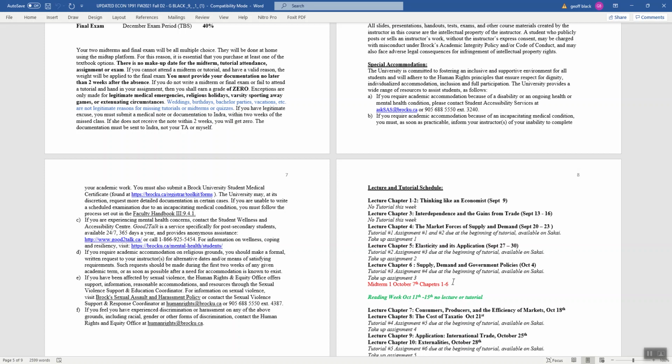So I have to manually enter your grades into Gradebook. So I need to know who you are. If you used an alias, I won't be able to identify you. So as long as it's your name and I can match it on Sakai, you're fine. But anybody who hasn't done it yet, make sure you use your given first and last name and your Brock email. That way I can triangulate who you are using a variety of options.